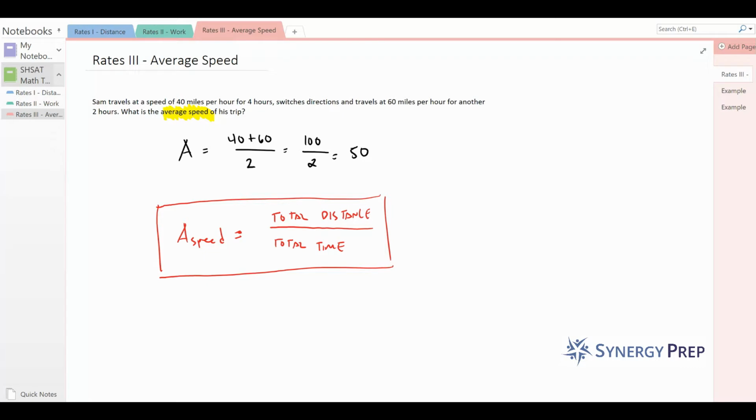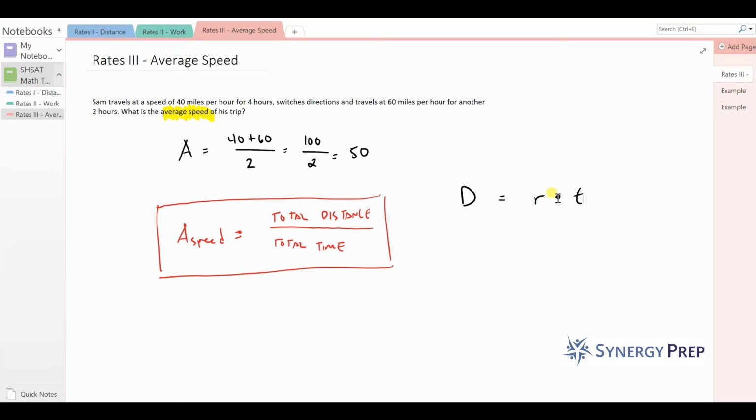So if Sam travels at a speed of 40 miles per hour for 4 hours, you can find the distance. You're given the time already. And for the second part, 60 miles per hour for another 2 hours, again, you can find the distance, right? The equation that you use is, of course, D is equal to RT.